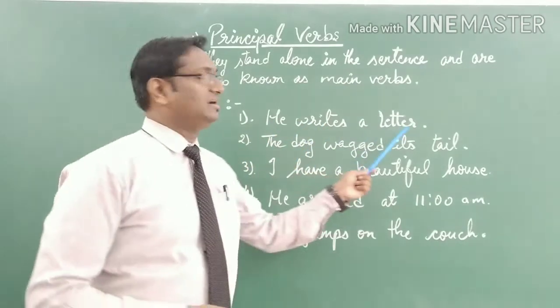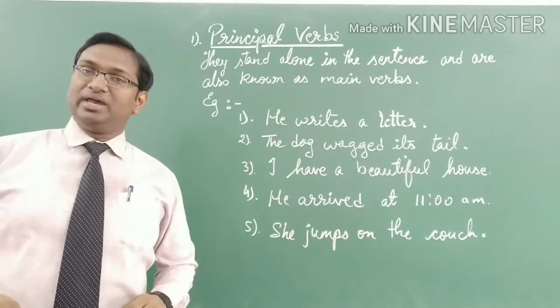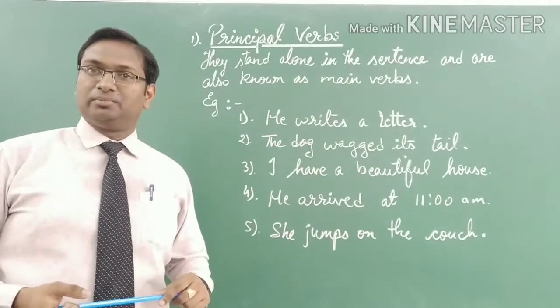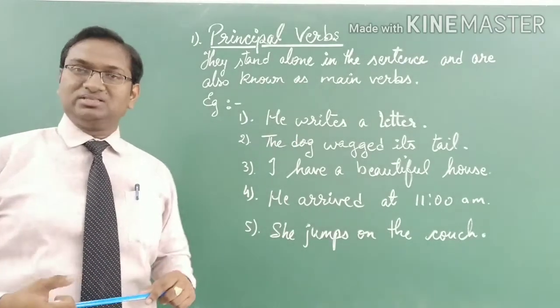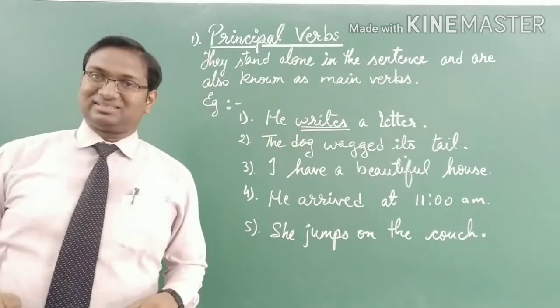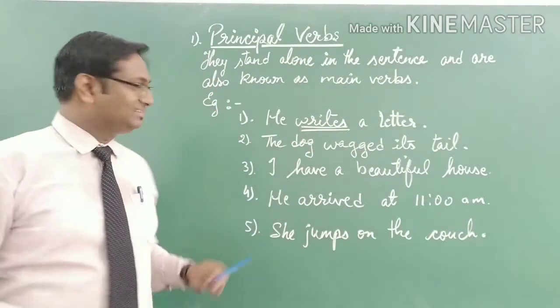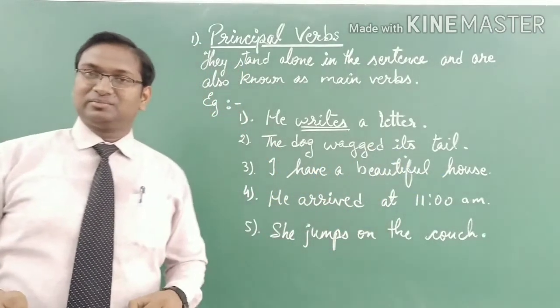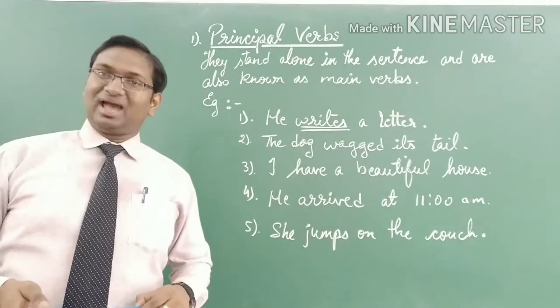He writes a letter. Now, over here, action word, principal verb or main verb is writes. Second, the dog wagged its tail. Dog is doing action.